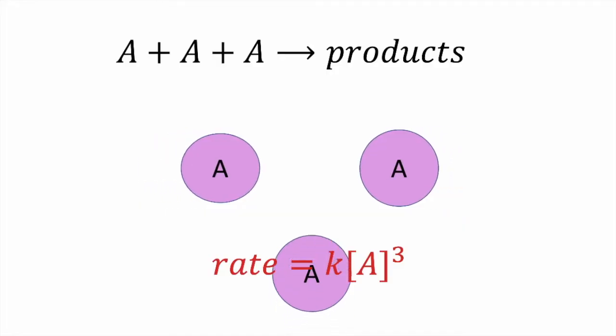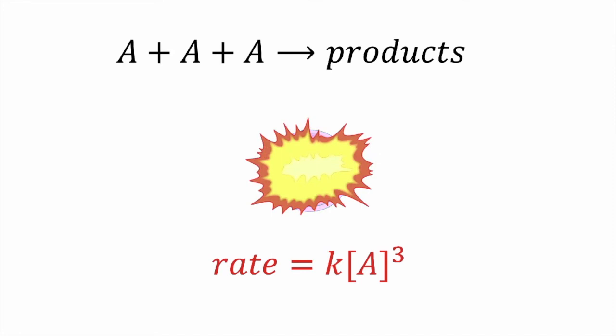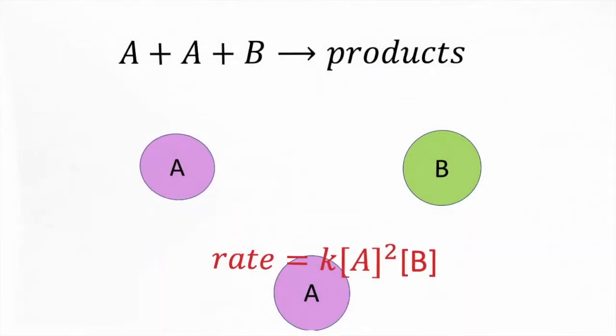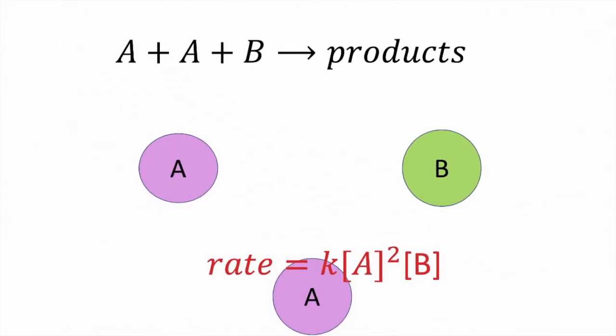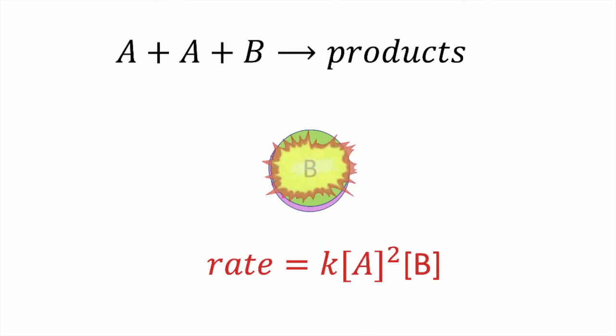In a termolecular reaction, three molecules or ions collide at the same time. There are several ways this can happen. Perhaps three of the same species collide with each other. For this, you get a rate law, rate equals k times the concentration of A to the third. Perhaps you have two molecules of one species and one of the other that collide at the same time, and in this situation, you would get this rate law.